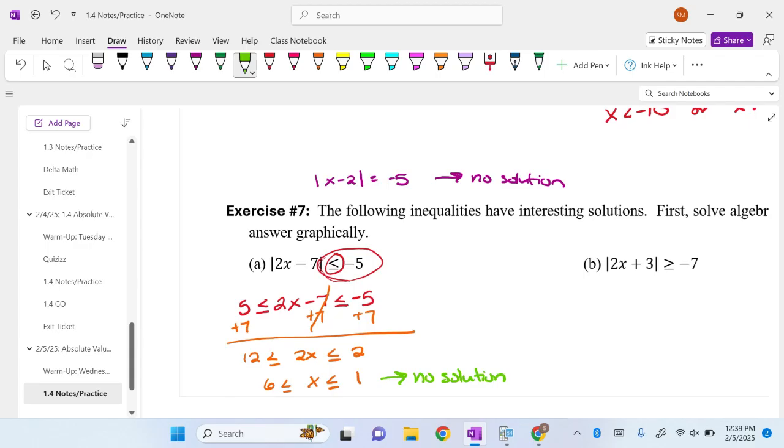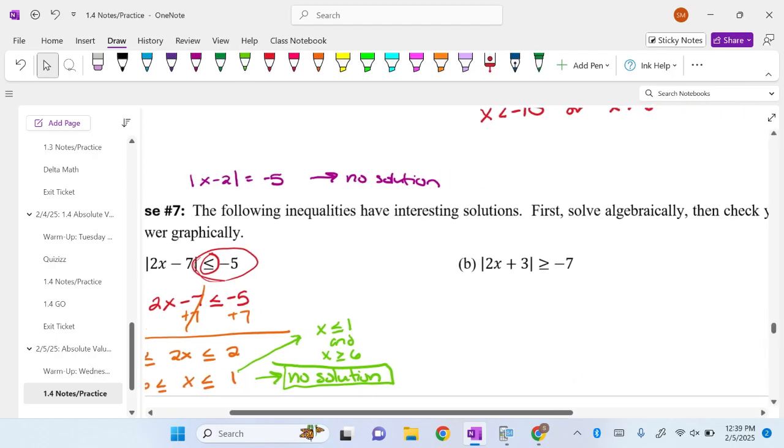Because if we separate these two inequalities, that means we would have x is less than or equal to 1 and x is greater than or equal to 6. And both of these have to happen at the same time in order for it to be a solution, which is impossible. So this one is no solution. So if you see a less than or equal to a negative number and the absolute value is isolated, it's no solution, just like with equations.